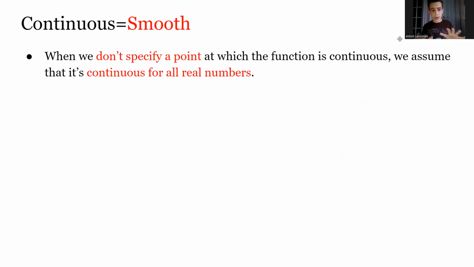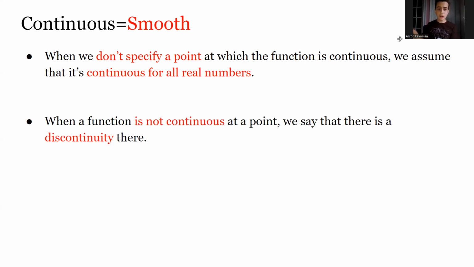When we don't specify a point at which the function is continuous, we assume that it's continuous for all real numbers. So we can say that a function is continuous, like y equals x, f of x equals x, right? That is just a line, that is continuous, that is always smooth. And when we say that a function is continuous, we assume that we're talking about x over all real numbers.